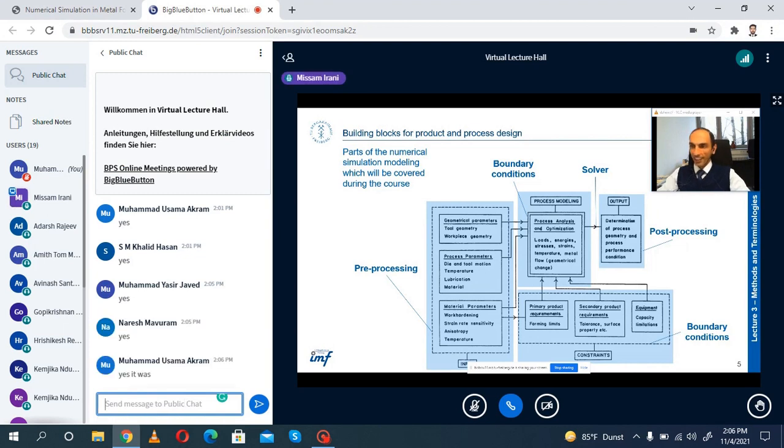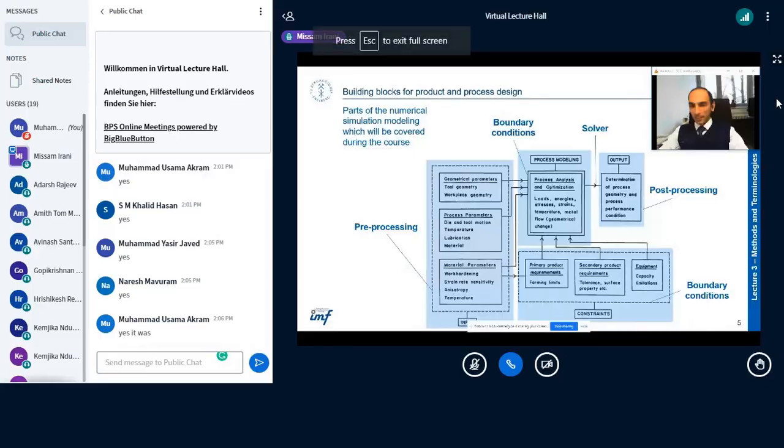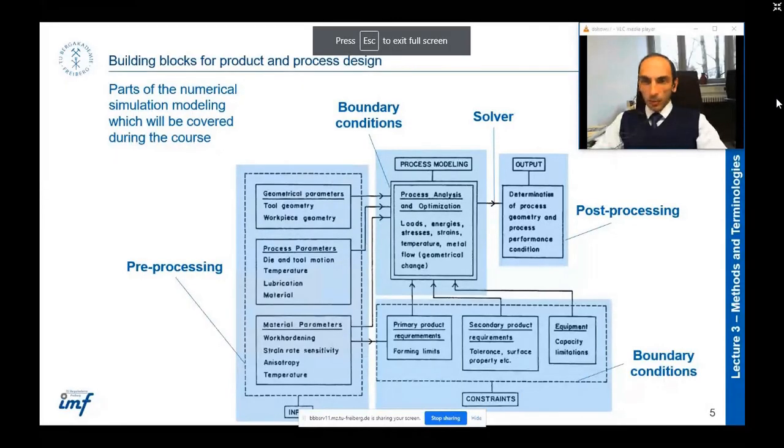Okay. So the lecture was closed with this slide, which is talking about the blocks and the parts we have in a simulator. As Mr. Qayyum explained before, we have pre-processing, where you apply the initial condition as well as the boundary condition.